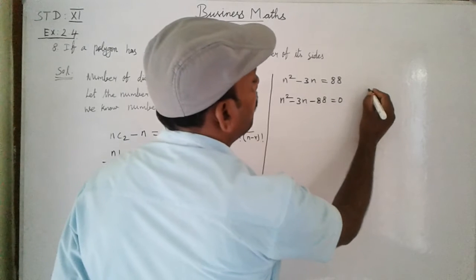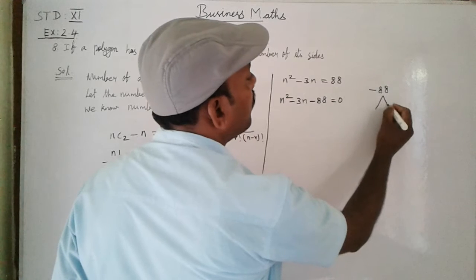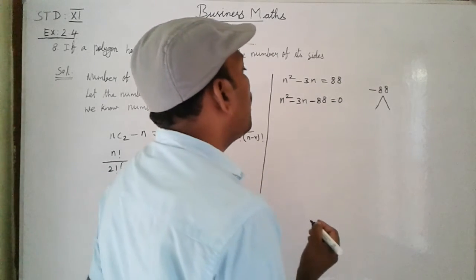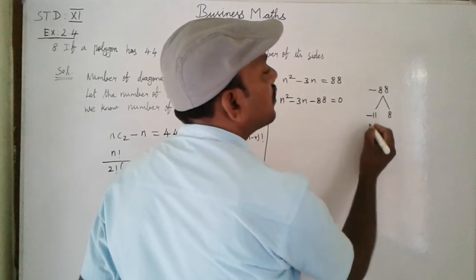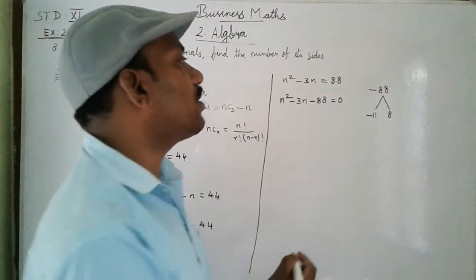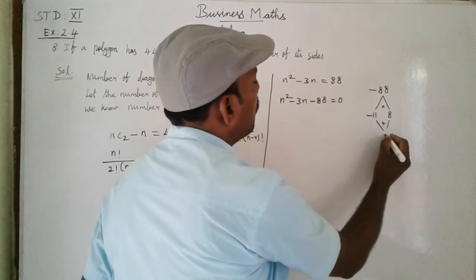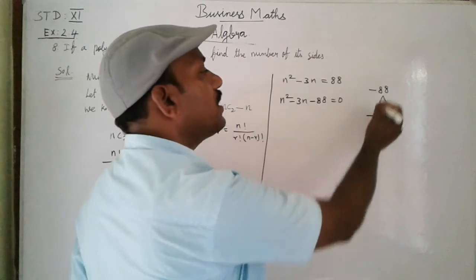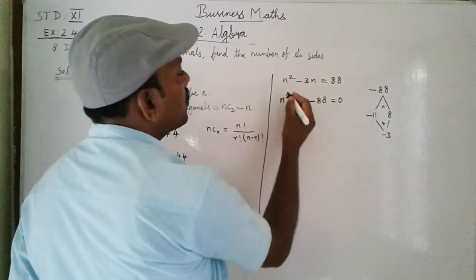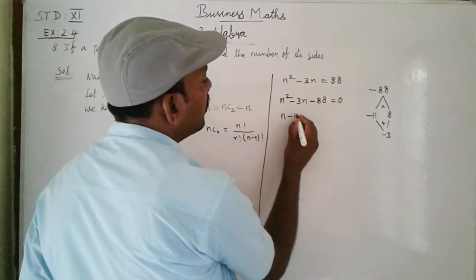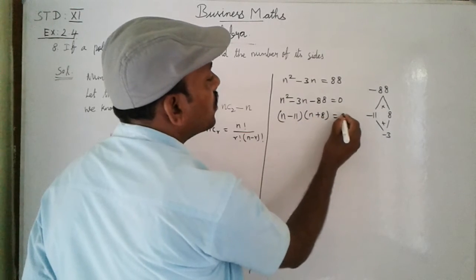Now factorize minus 88. We need two numbers that multiply to minus 88 and add to minus 3: minus 11 into 8 is minus 88, and minus 11 plus 8 is minus 3. So n minus 11 into n plus 8 equals 0.